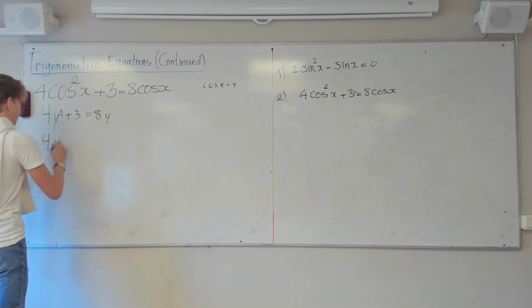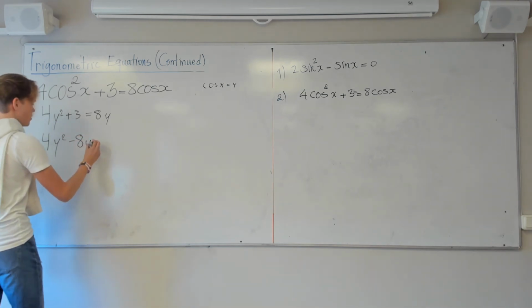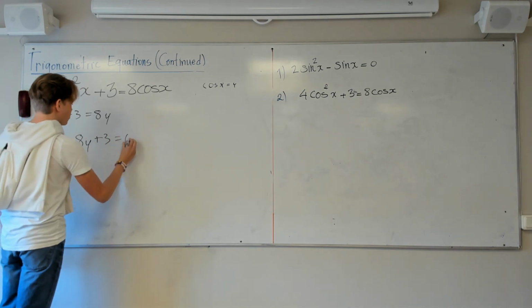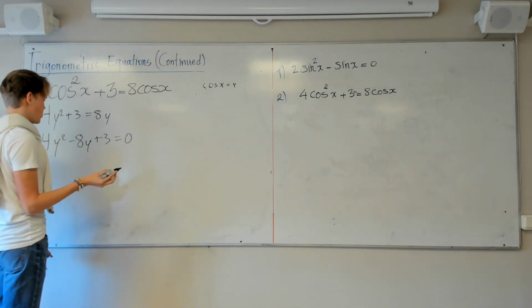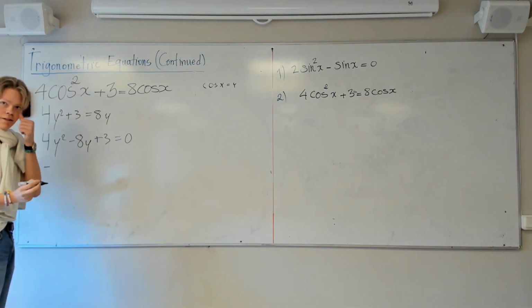side. And we get y squared minus 8y plus 3 is equal to 0. And then we use the ABC formula. If you have forgotten the ABC formula, I will write it down there.